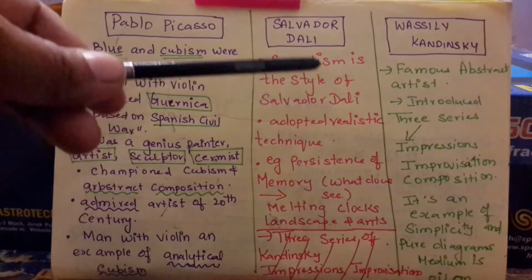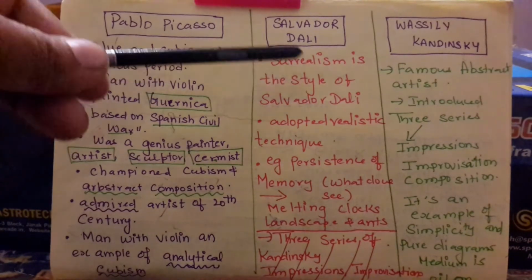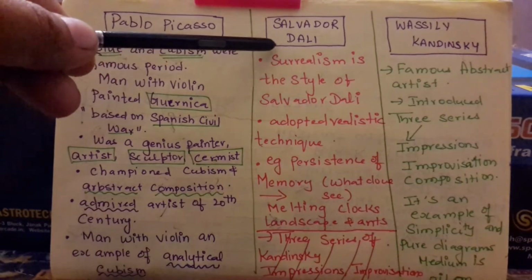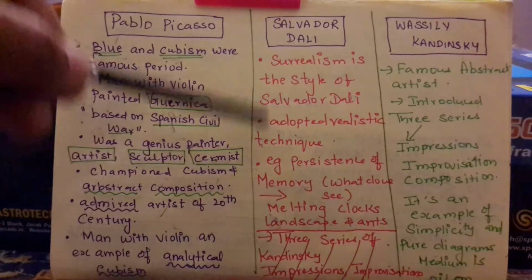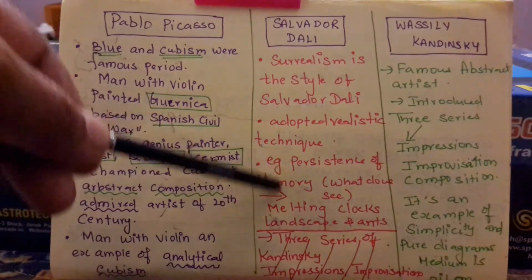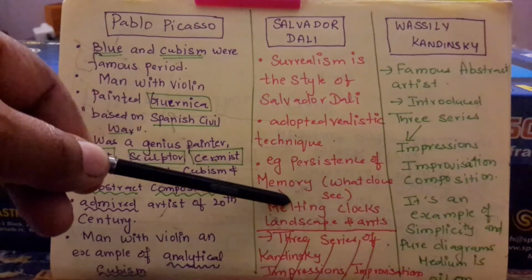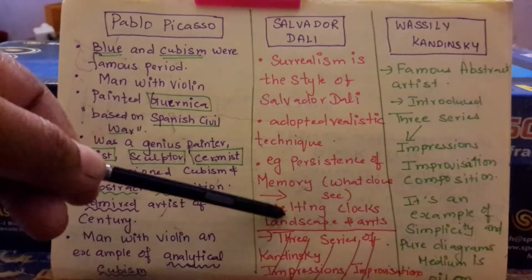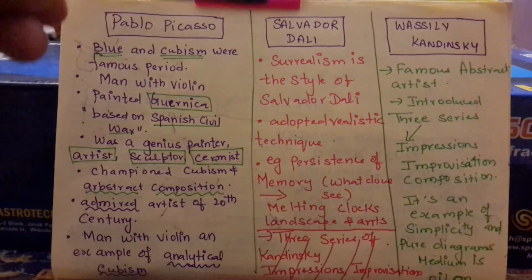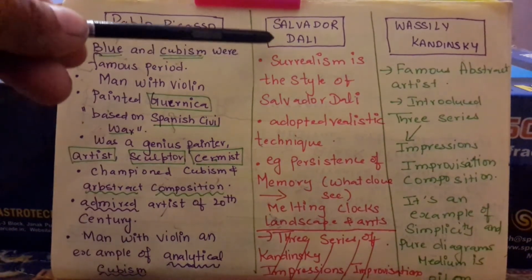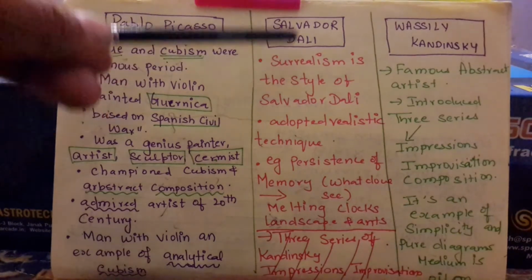In our previous video we have defined what Surrealism means. The most real forms of objects are presented in very unreal or absurd ways. So that was the technique Salvador Dali adopted.